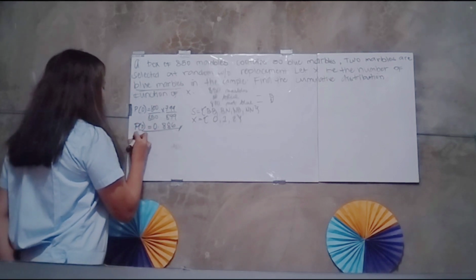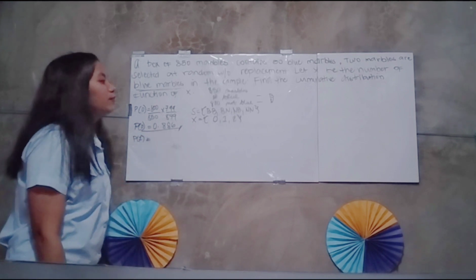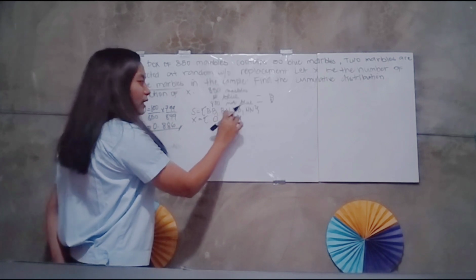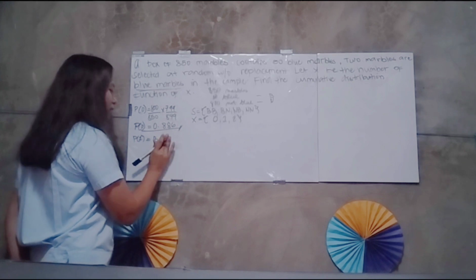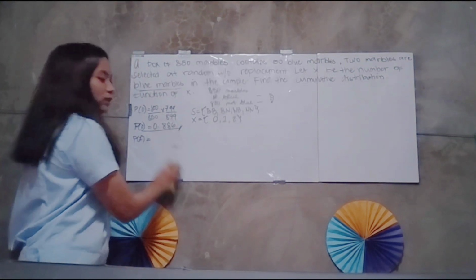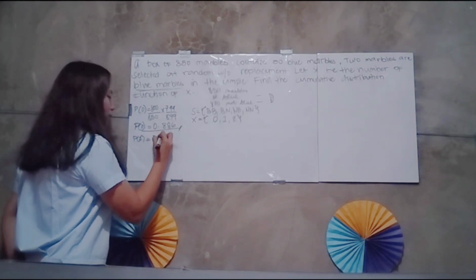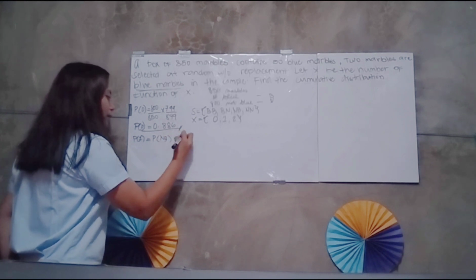Next, the probability of random variable 1. So, we have here two outcomes, which are BN and NB. So we add the probability of the two outcomes, the probability of NB and the probability of BN.